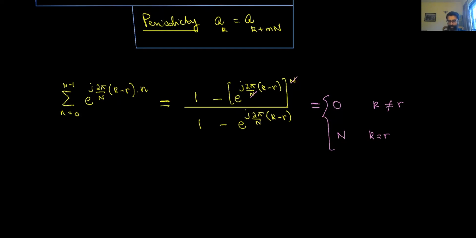So I'll try to write this a little differently. Instead of k equals r, I say when k minus r equals 0. Does this thing hold true for any other values of k and r?